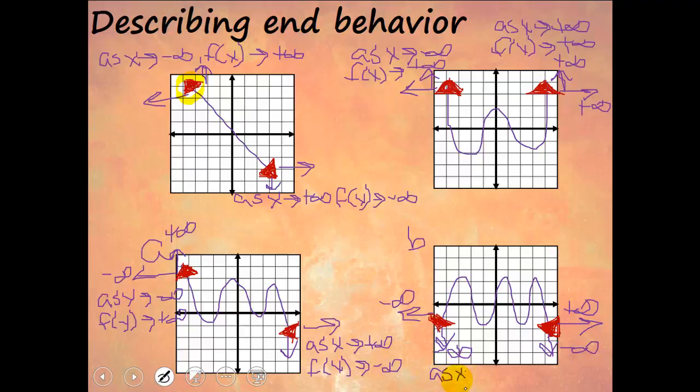As x goes to negative infinity, f of x goes to negative infinity. And then I'm going to have to go up here for the right-hand behavior. As x goes to positive infinity, f of x goes to negative infinity. Okay?